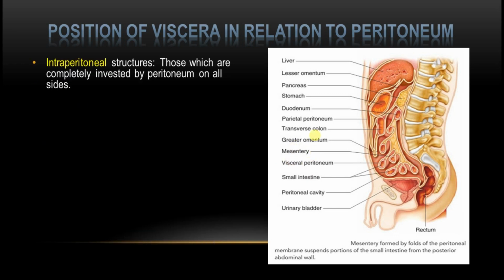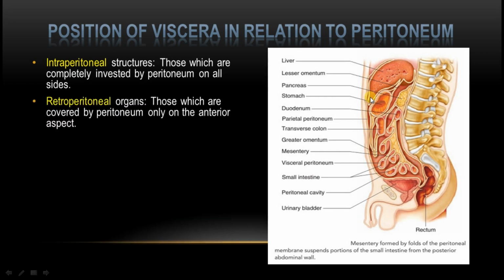Intraperitoneal means the organ is covered by peritoneum on all sides, in front as well as behind. Here you can see the liver: front, behind, below, above, and so on. Organs covered by peritoneum on all sides are called intraperitoneal structures. Next, we have retroperitoneal structures.